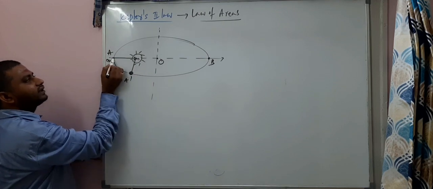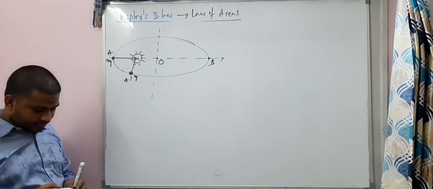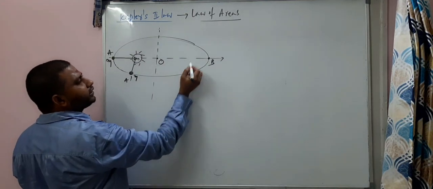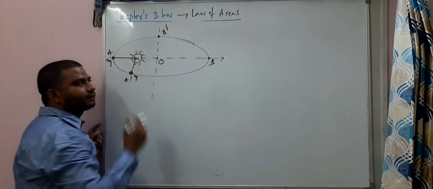This is the planet whose mass is here. And at the same time, after some time, there is a point B dash here. Carefully observe, my dear, imagine that's a B dash.